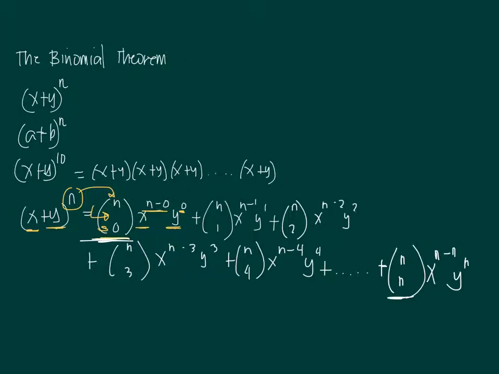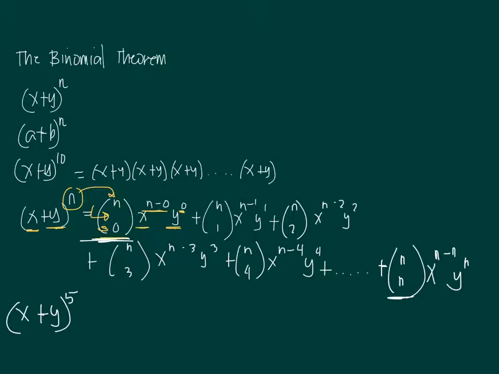Okay, so let me apply this to a specific example. Suppose I want to expand x plus y to the 5th. Now, to those who are already familiar with Pascal's triangle, this x plus y to the 5th can be easily expanded by using a triangle.